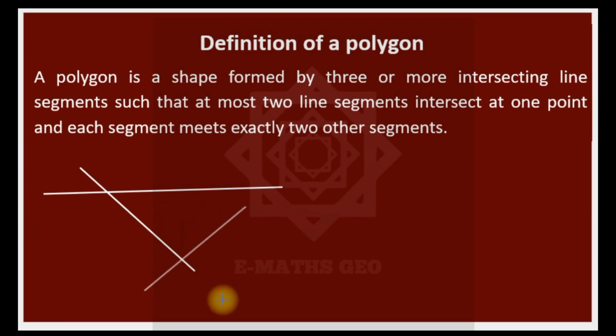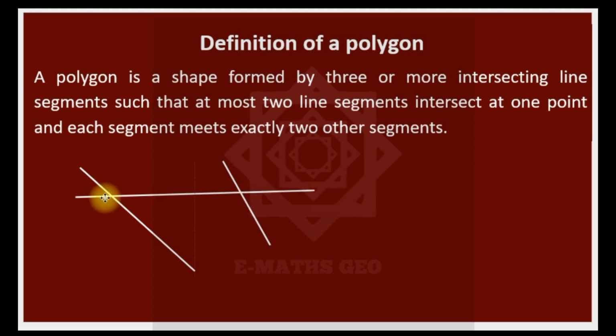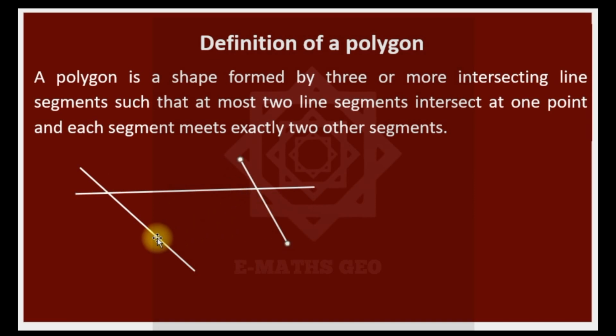We have three line segments, but you can't call this a polygon because they say that each line segment must intersect two other line segments. So you see that line segment 1 intersected 2, but the other two, this and this, intersected only 1.